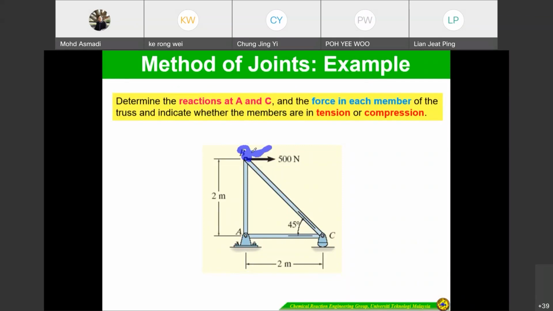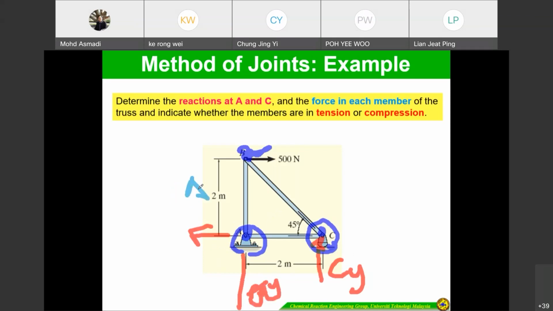Here, joint B, joint A, joint C. Please remember they have support reactions here. Point C is more like a roller, so this one is a roller, CY. And A has an external pin, so AY and AX. For the external pin, you refer back to the support reactions table.